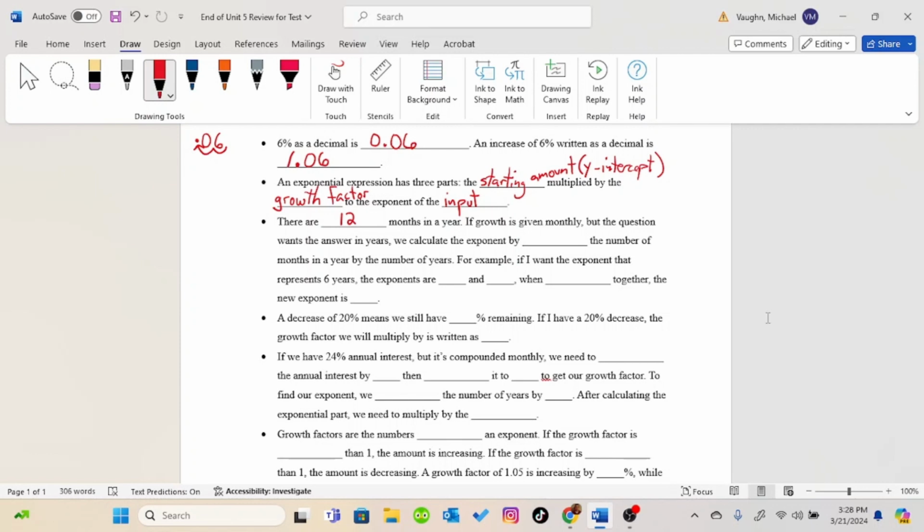If growth is given monthly, but the question wants the answers in years, we calculate the exponent by blank the number of months in a year by the number of years. If I tell you we are compounding monthly for some certain number of years, you need to multiply those numbers together.